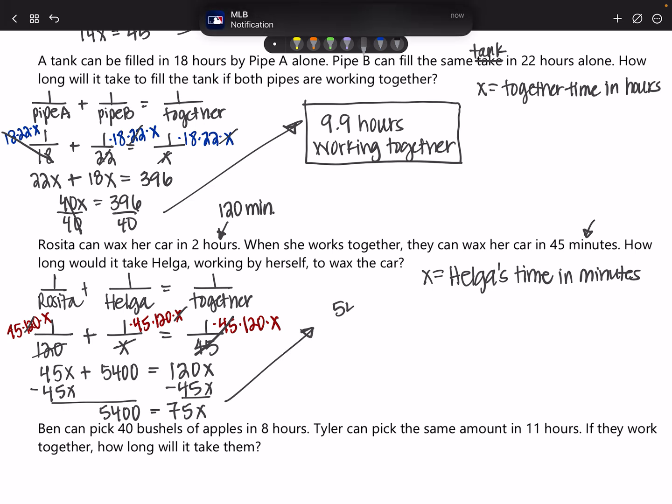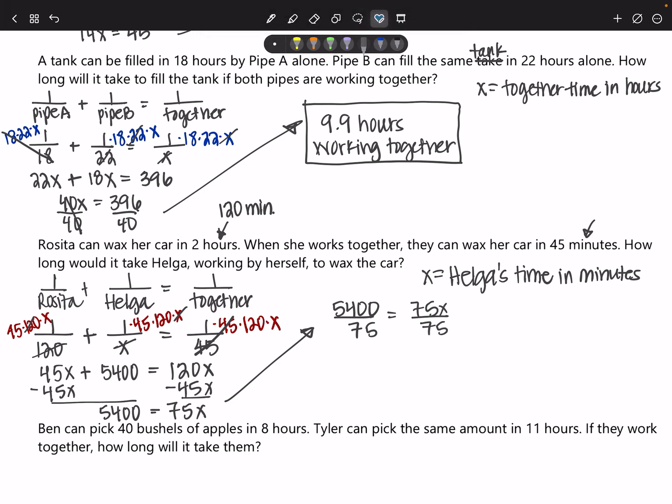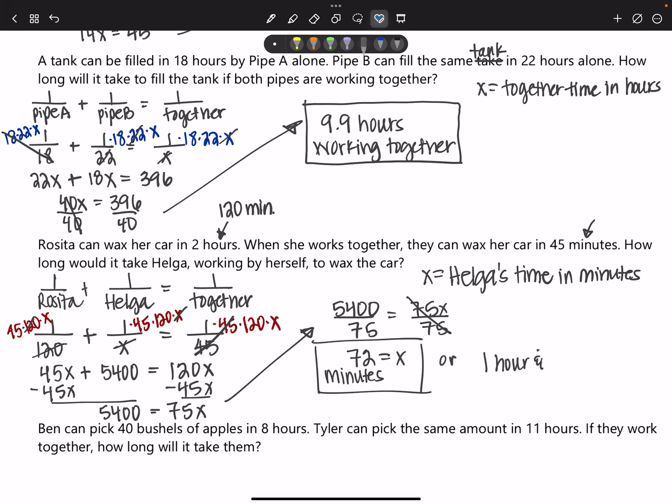Divide both sides by 75. And I get 72 equals X. And that was in minutes. So 72 minutes would work, or I could say 1 hour and 12 minutes. I'm not going to lie, I like the 72 minutes.